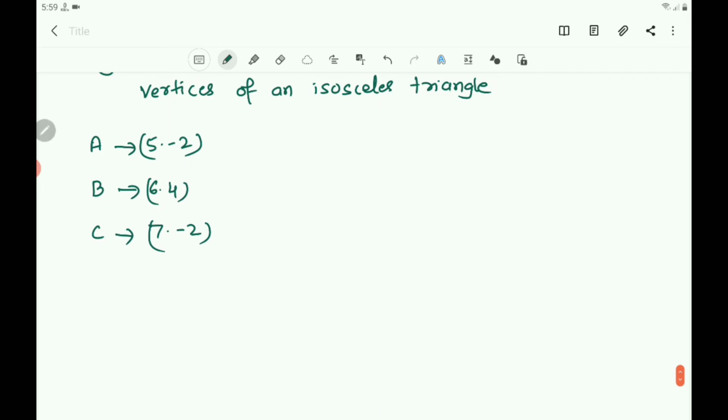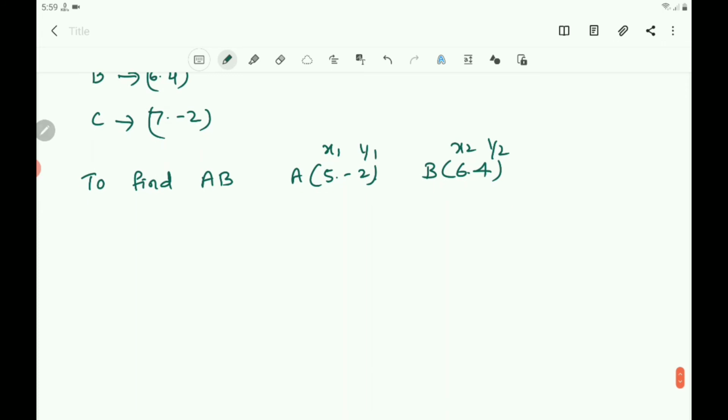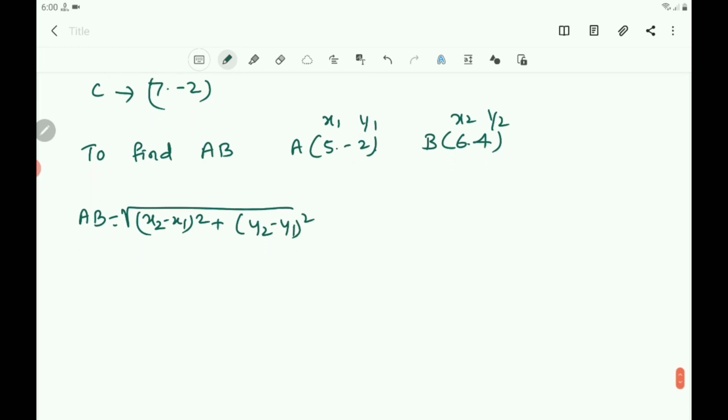Now you get AB. To find AB, you take the 2 points A and B. A 5 minus 2 and B 6, 4. The coordinates you take x1, y1, x2, y2. Then find AB. AB equals whole root x2 minus x1 whole square plus y2 minus y1 whole square.